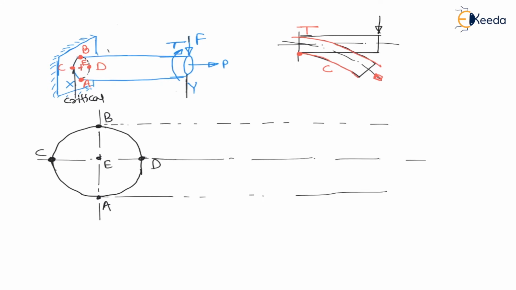Now the component is subjected to direct tensile force P. Due to this direct tensile force P, there will be direct tensile stress, and this tensile stress will be at each and every location. Therefore, if I draw the direct tension stress distribution, sigma T, which is nothing but P by A, and here area is constant, P is constant, so it is constant.